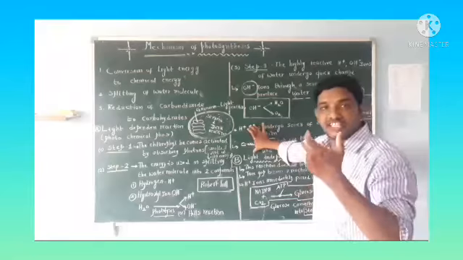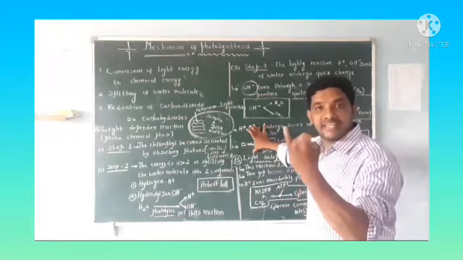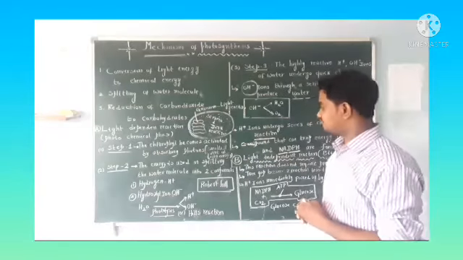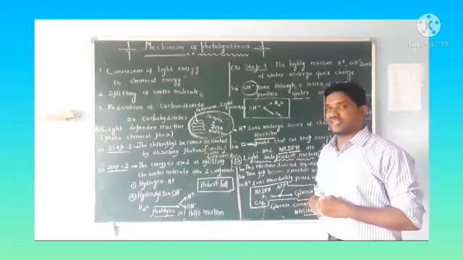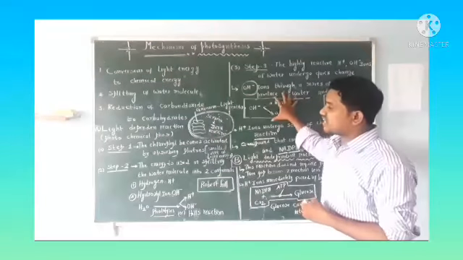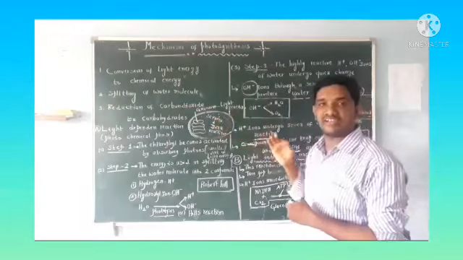With the help of H+ ions, ATP is formed and NADPH is also formed. These are the 3 steps which occur in the light dependent reaction.